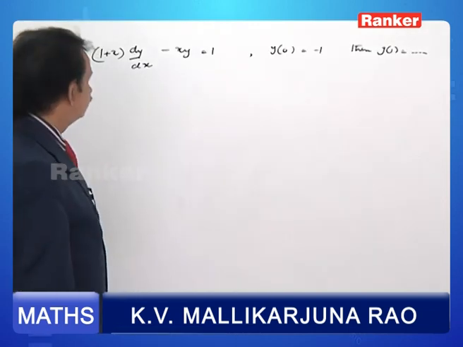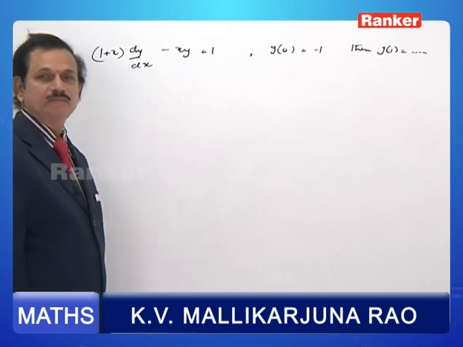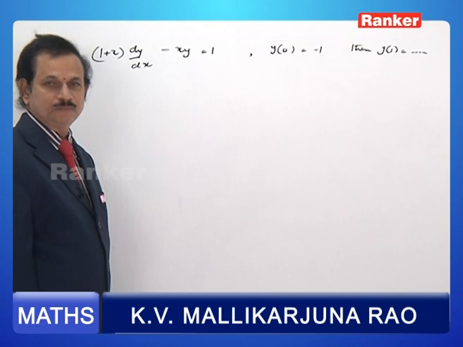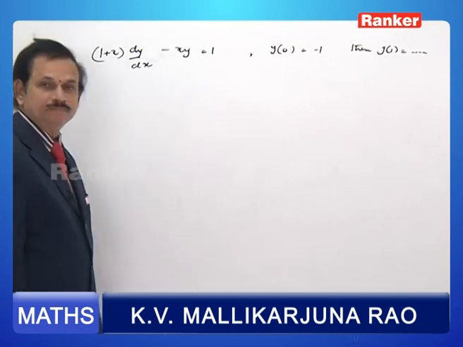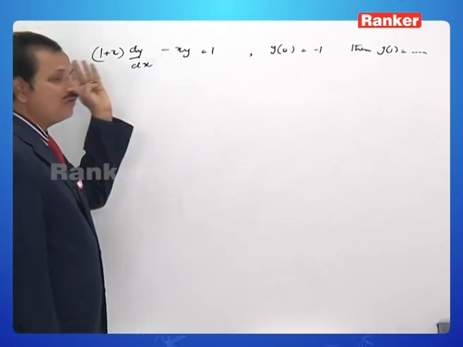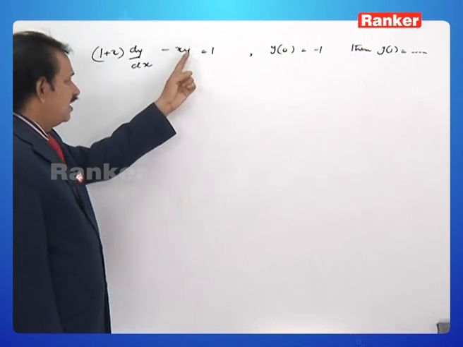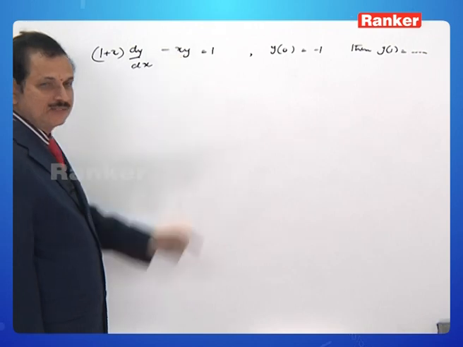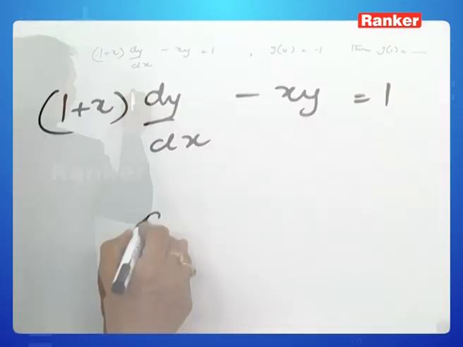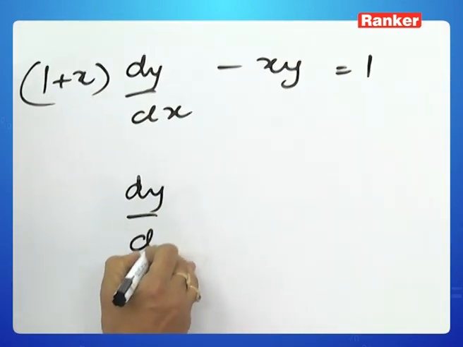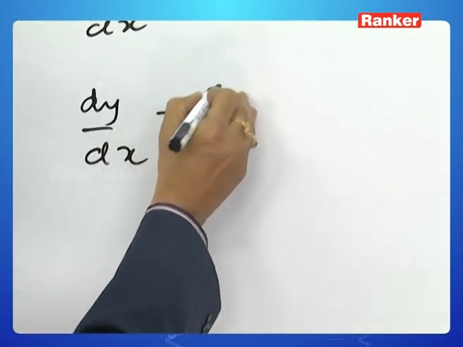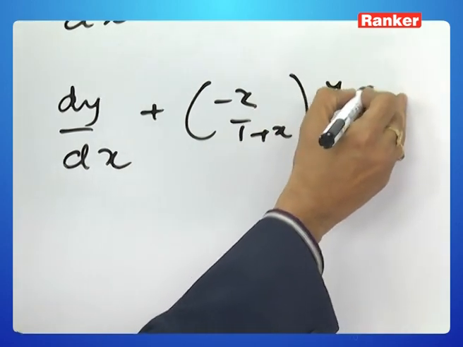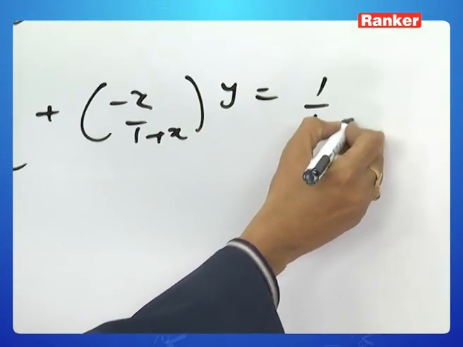This is the problem which was given in some JEE question paper. Look here. First of all, you observe that throughout this equation there is one and only one y. Well, this can be written as dy/dx plus minus x by 1 plus x into y is equal to 1 by 1 plus x.